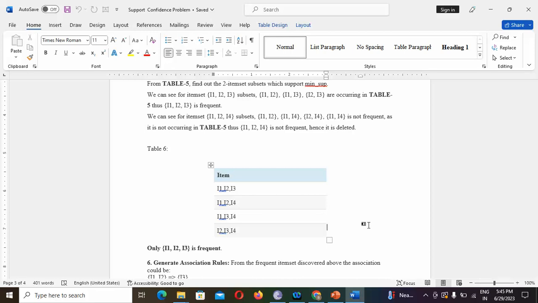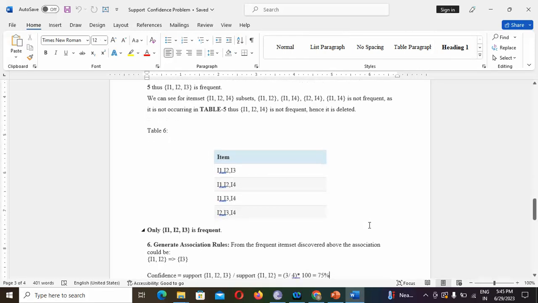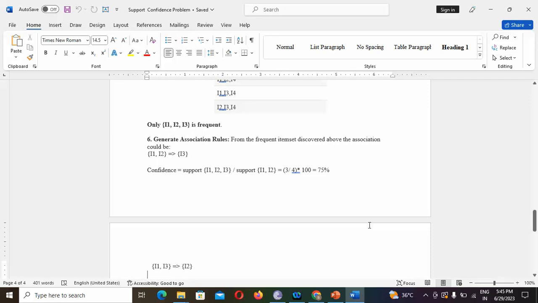So if you are observing the 3 items together, whichever is having less than the minimum support value, that one we delete, and whichever is having the minimum support value, we consider it as a frequent item.